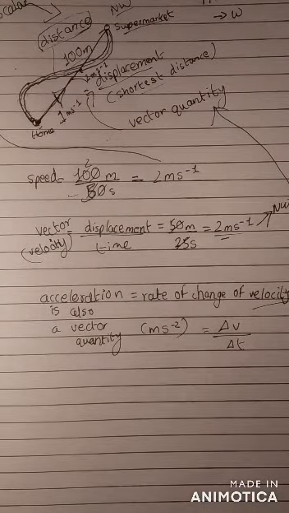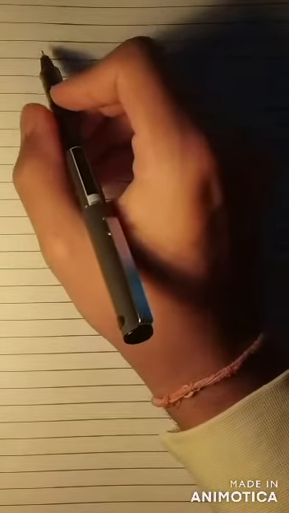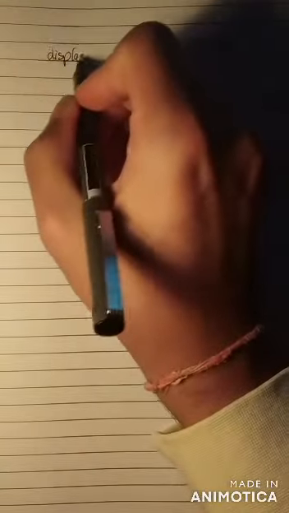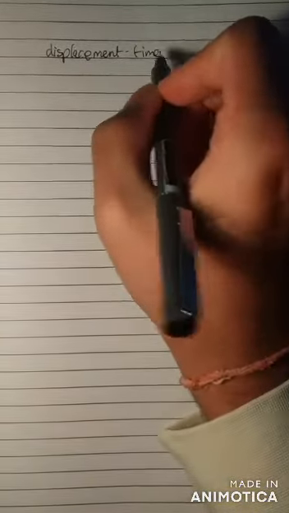Now let's see how to represent this in a graphical way. With a graph we can represent these ideas quite easily. First graph I want to show you guys is the displacement time graph.